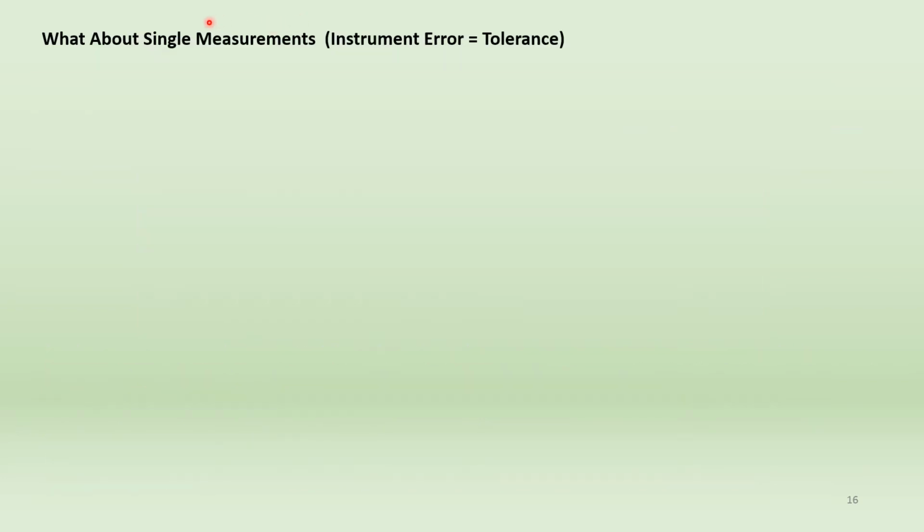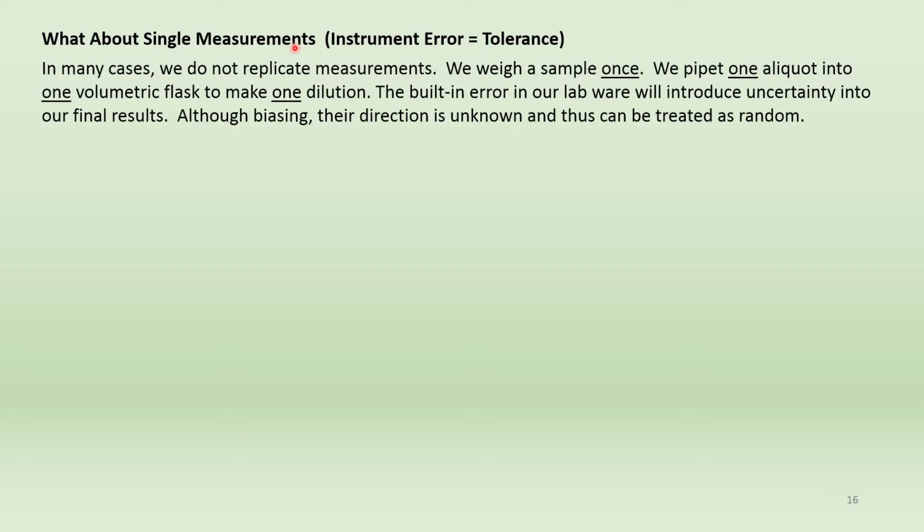So what about single measurements? You know, we can't calculate a standard deviation for only one measurement because there are no deviations to measure. So instead we're going to look at what's called instrument error or tolerance. In many cases we do not replicate measurements. We might weigh a sample only once. We pipette one aliquot into one volumetric flask.